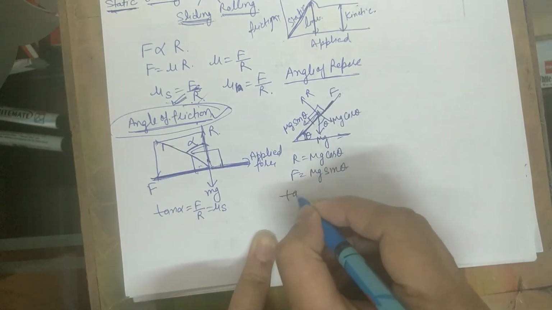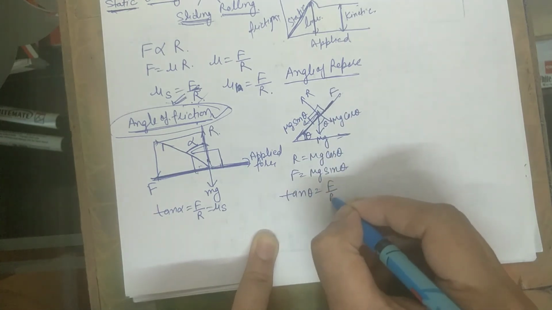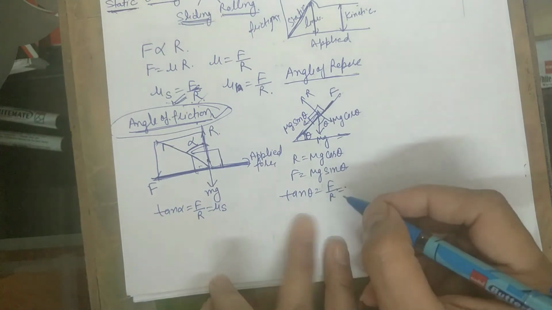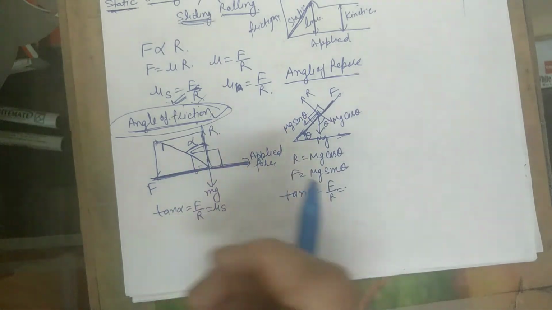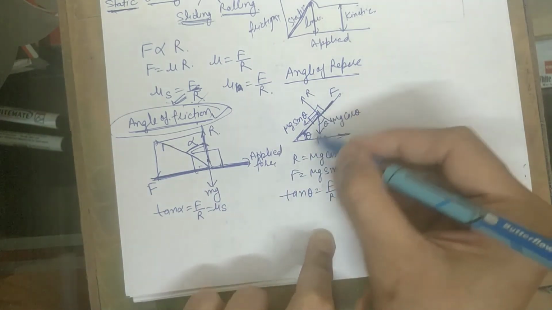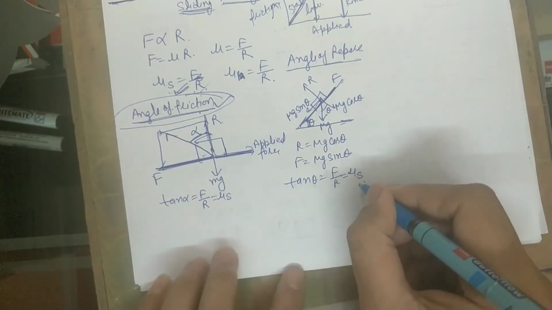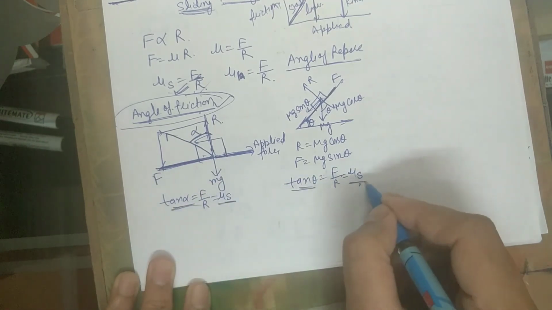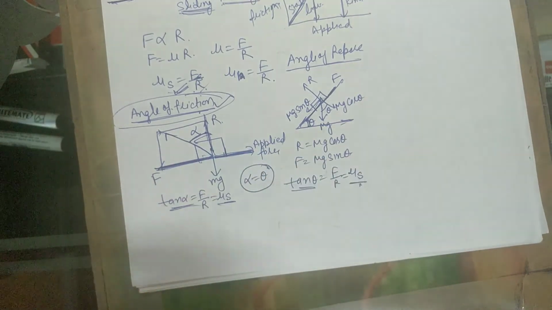Again, tan theta is F upon R, which is the coefficient of static friction mu s, because the body is just sliding. So tan alpha is mu s, and tan theta is mu s. So alpha and theta are both numerically equal.